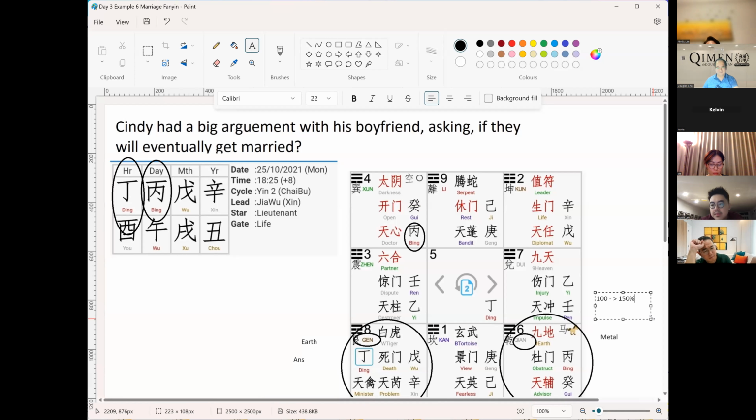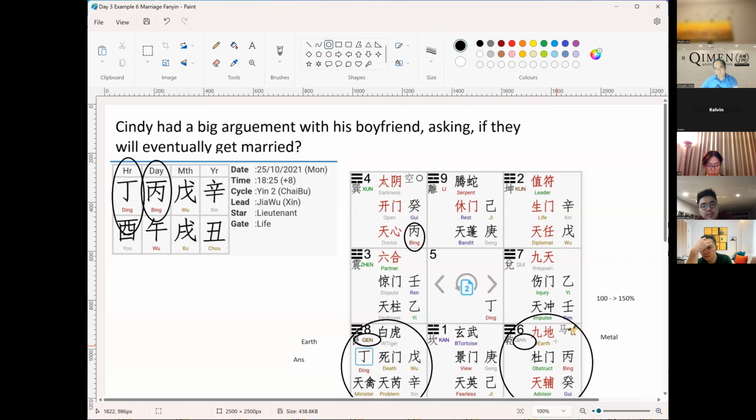You know why? Where is Cindy? Cindy is box 6. Cindy is represented by the Ping. What does a Ping stand for? Third party, somebody else is there.